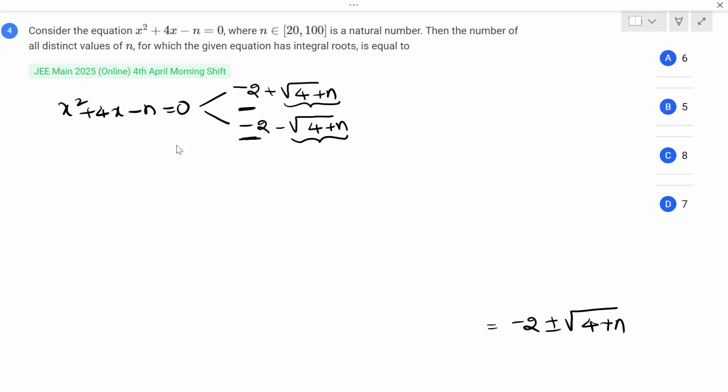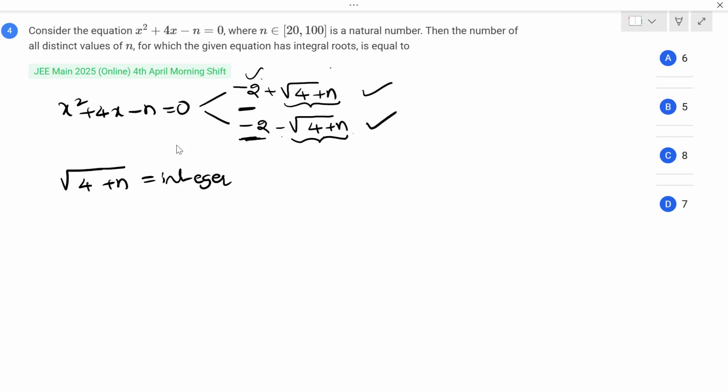Also, the second root, minus 2 minus square root of 4 plus n, will be an integer, because integer minus integer is an integer. Ultimately, what I understood is that square root of 4 plus n should be an integer.